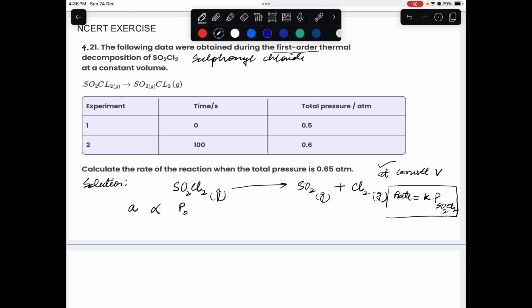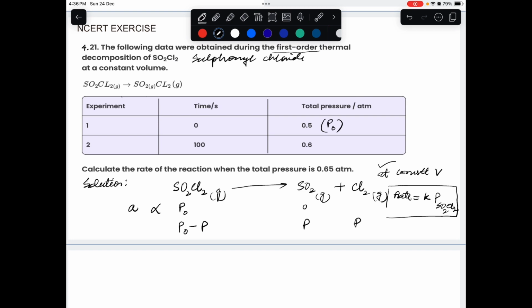So this is the first observation, or the first experimental value, nothing but P0, the initial pressure. Now after some time, when the reaction will take place, some amount of this P0 will react. So the pressure at a given time, or the partial pressure of your sulfonyl chloride, will be P0 minus P if P amount of sulfur dioxide and chlorine are produced.